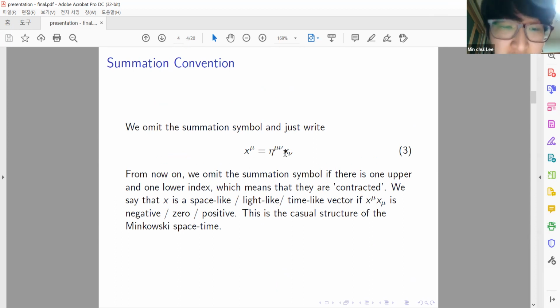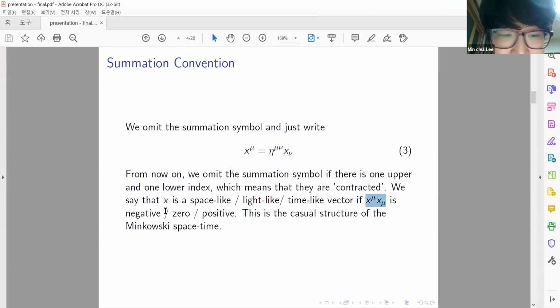We say that a vector x is space-like, light-like or time-like if this inner product x mu nu is negative, 0, or positive. This is the causal structure of Minkowski space-time.